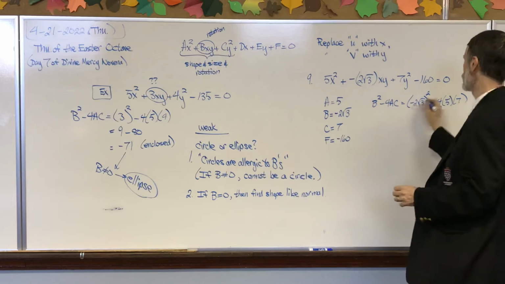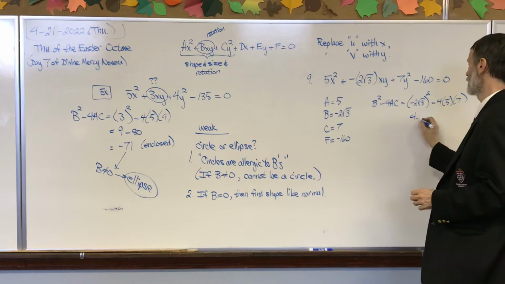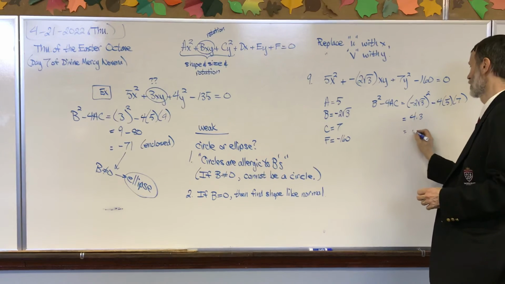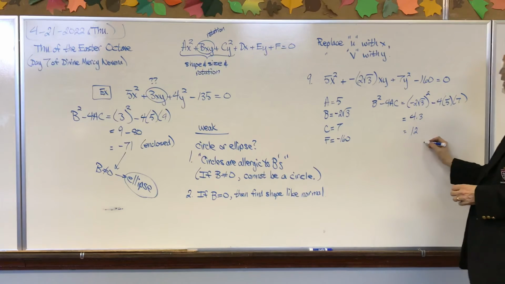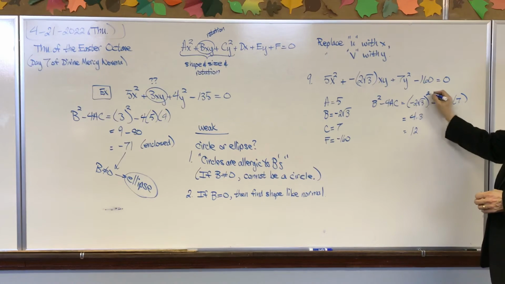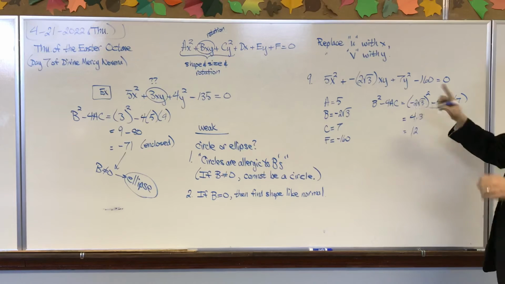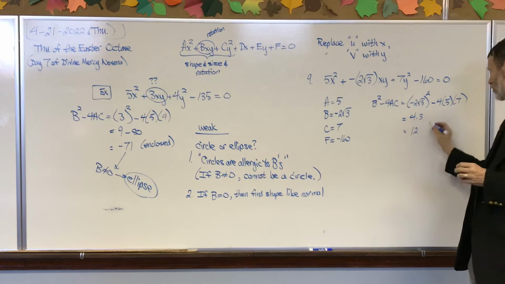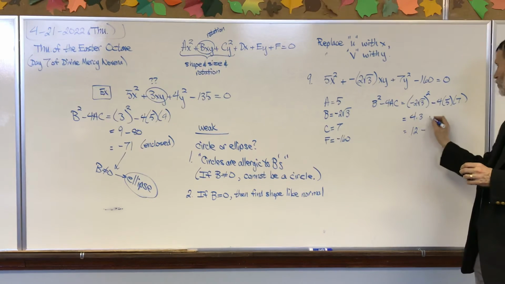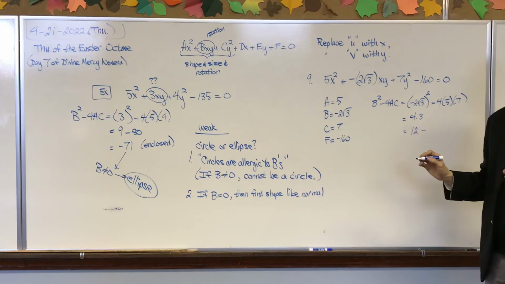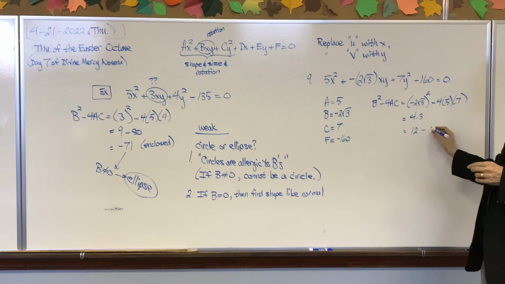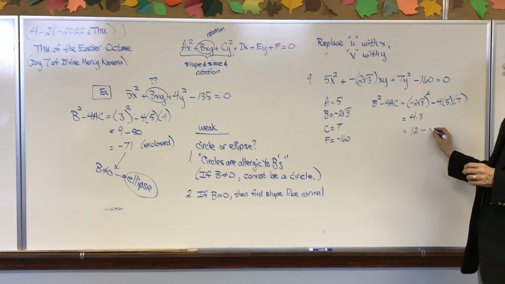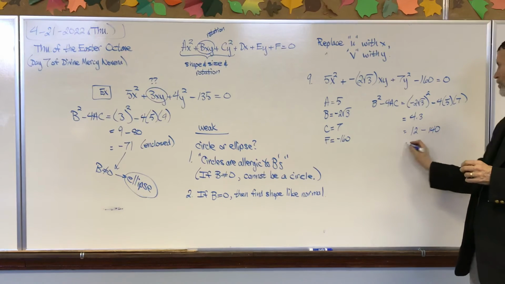Yeah, negative 2 squared is 4 times 3, which is 12. Does that make sense? If they're multiplied, you can square each one. If there's a plus there, you can't. So 12 minus what? 20 times 7. Yeah, which is 140. What's 12 minus 140?